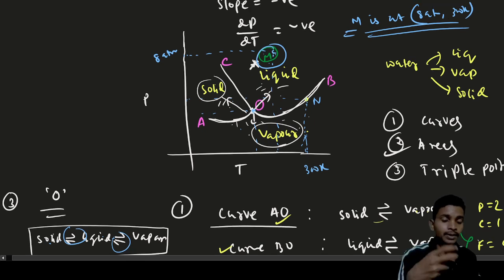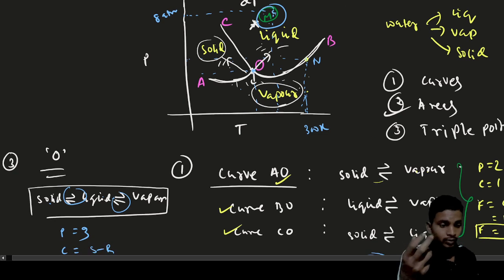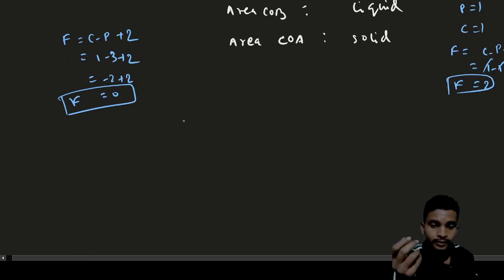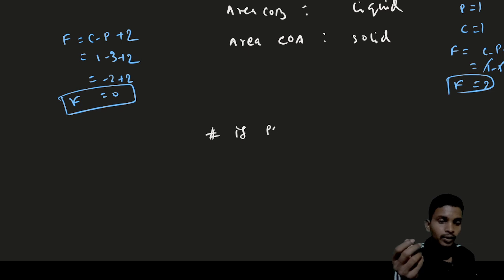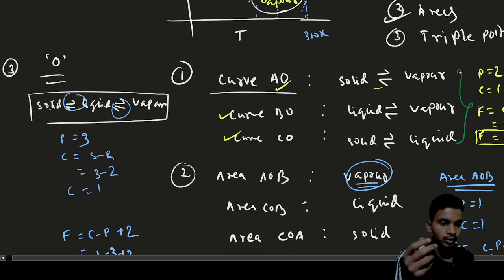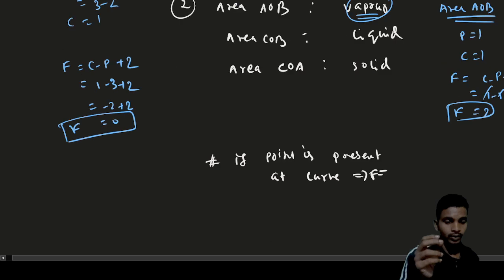So if the point is present on an area, then we need two variables. What it says is, if the point is present at curves, then F equal to 1, so one variable is needed.